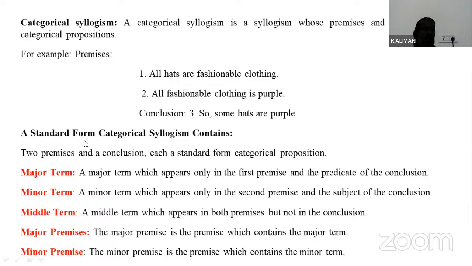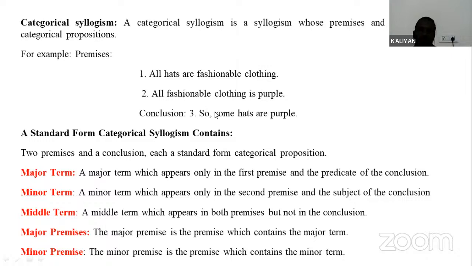So what is the standard form? Major term, minor term, middle term, major premise and minor premise. The major term is the predicate of the conclusion, which appears in the first premise, and the minor term is the subject of the conclusion, which appears in the second premise.